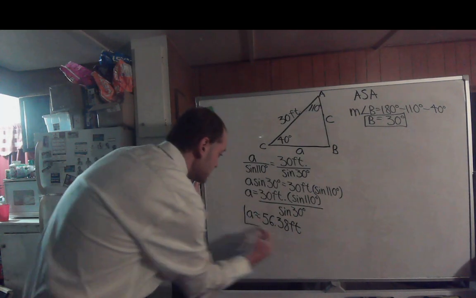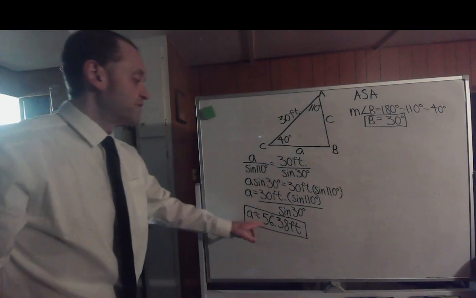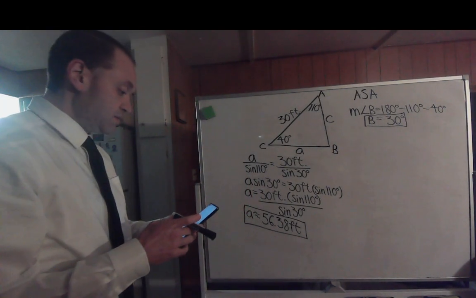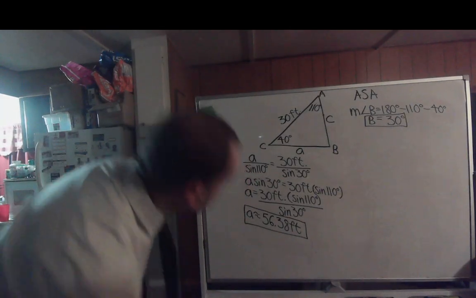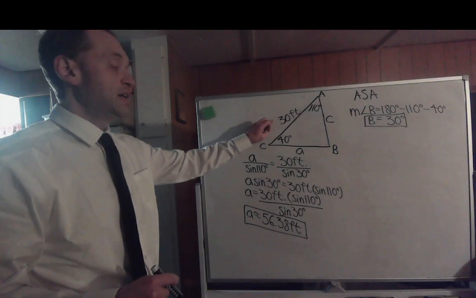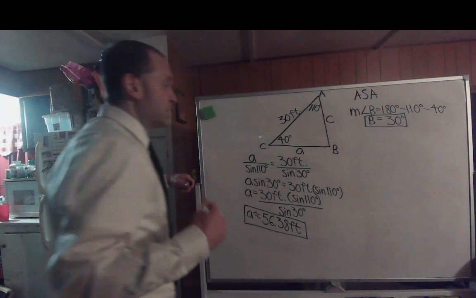So that means then to 2 decimal places, side A should be approximately 56.38 feet. Alright, now we know A and B, we just don't know C. But since we have an exact length for side B, let's relate side C to that also.